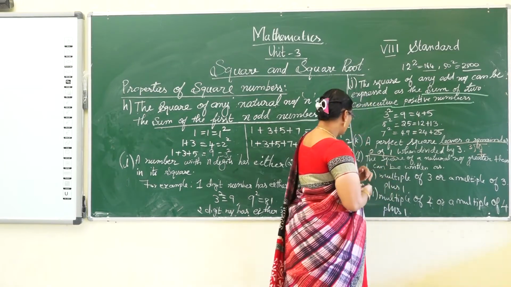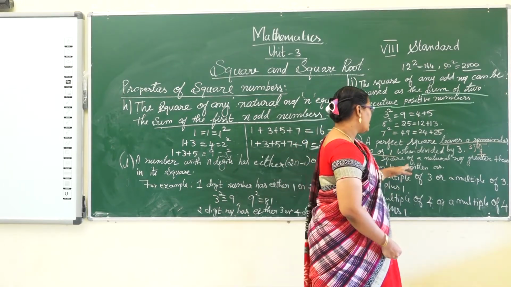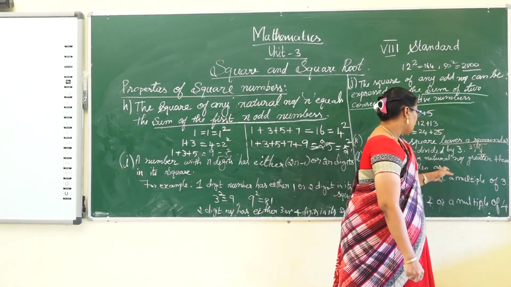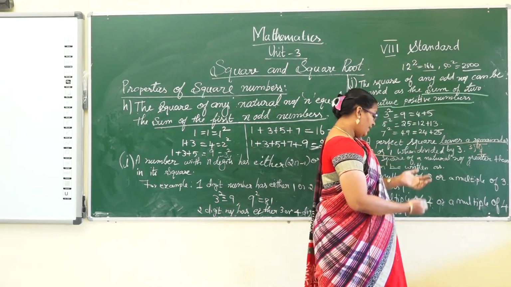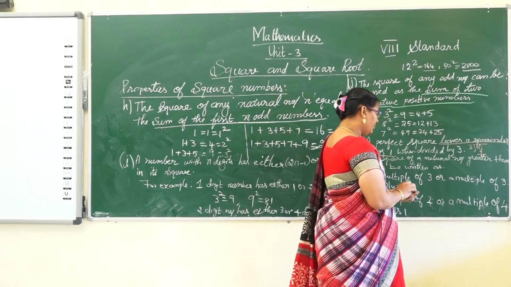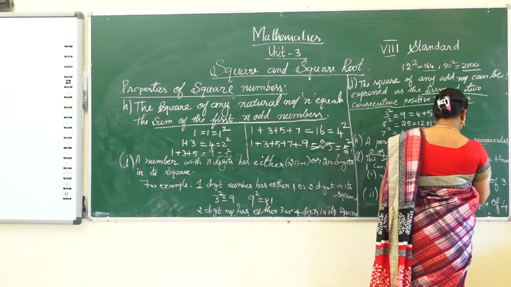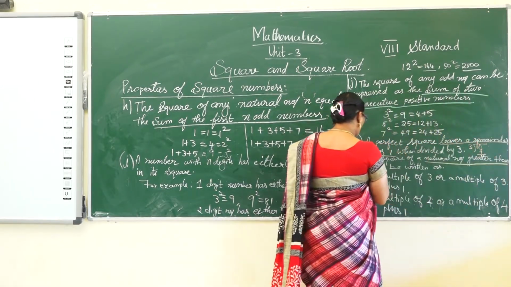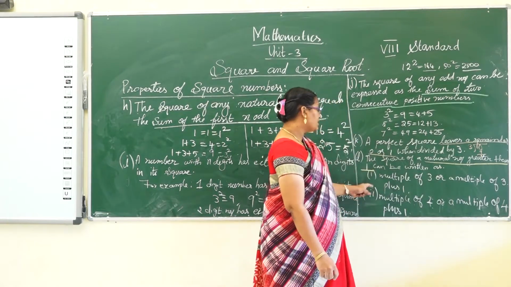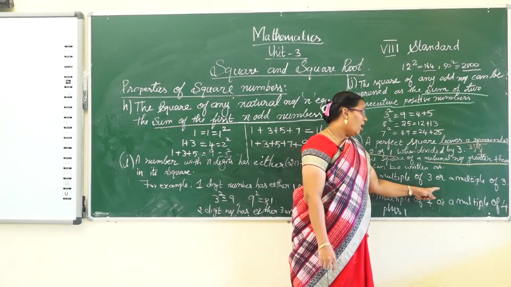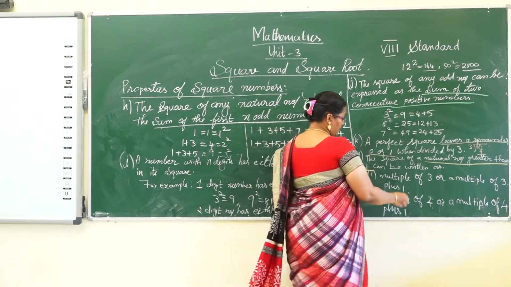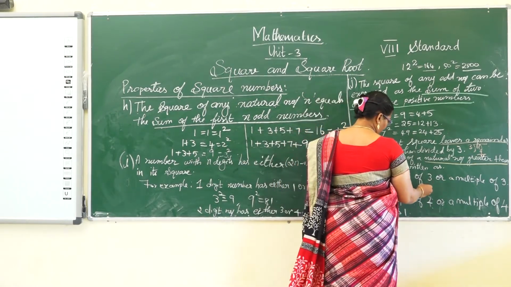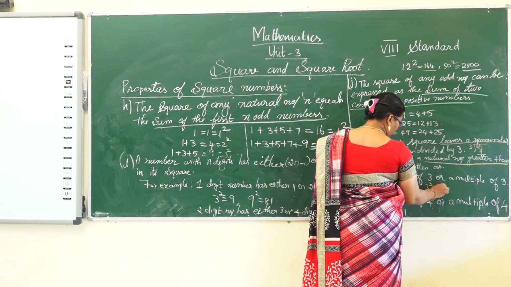Next, the square of a natural number greater than 1 can be written as a multiple of 3 or a multiple of 3 plus 1. For example, 3 square is equal to 9.